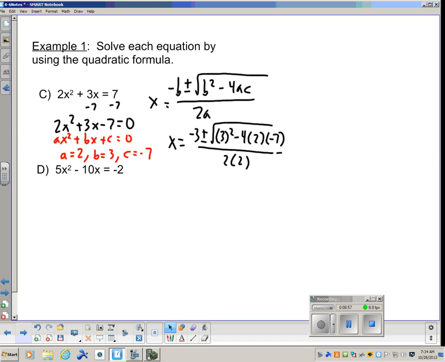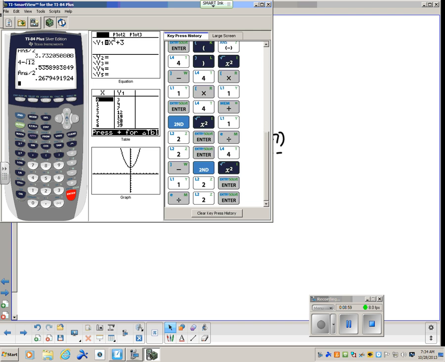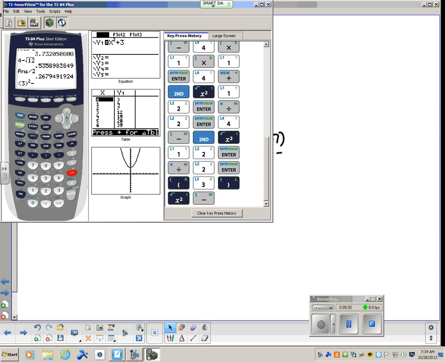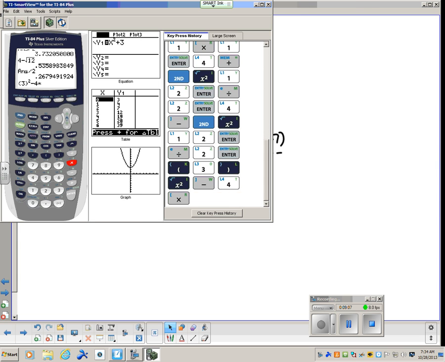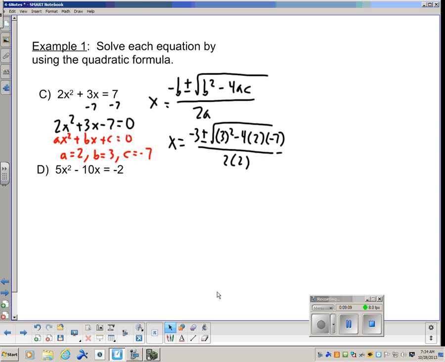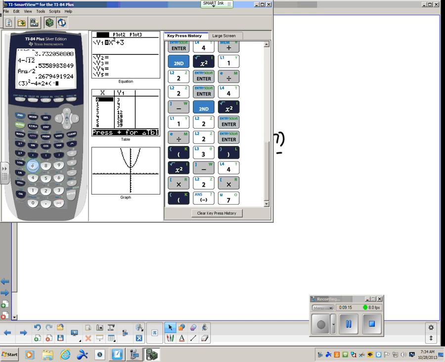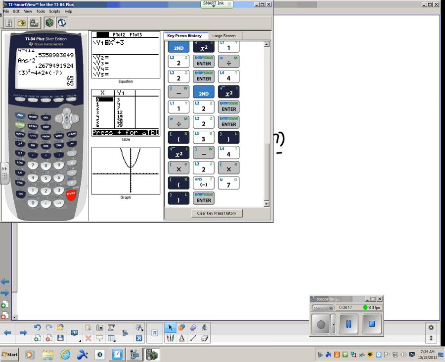So again, I'm going to plug into my calculator here. I've got 3 squared minus 4 times 2 times negative 7, and I get 65.